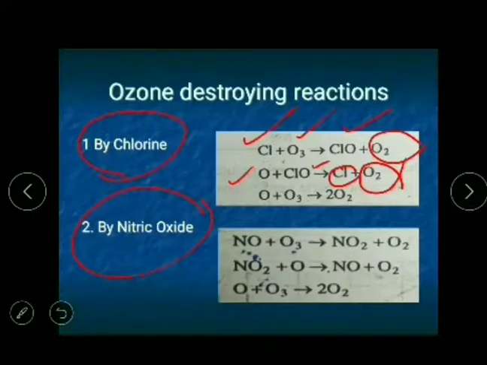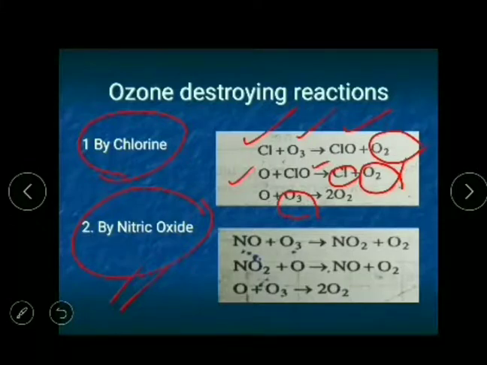One atom of oxygen, when it reacts with ozone, gives rise to 2 molecules of oxygen. So oxygen molecules are produced here. It destroys ozone. In the same pattern, nitric oxide also destroys ozone.